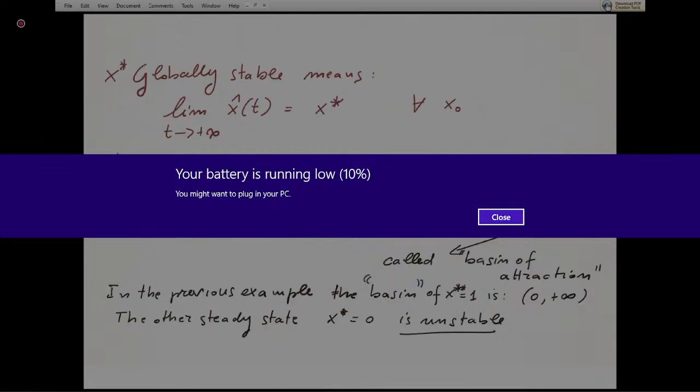Globally stable, already discussed, means that the solutions will converge to the steady state for any initial condition. Only locally stable means that the solution will converge to the steady state, at least for initial conditions near the steady state, which is precisely the definition of the intuition we already have about these concepts.